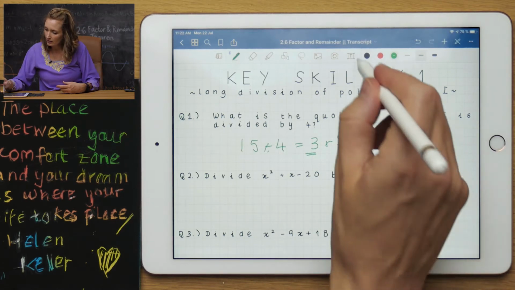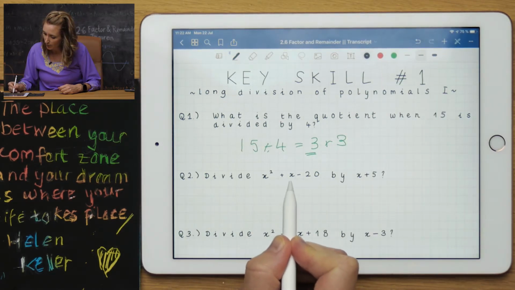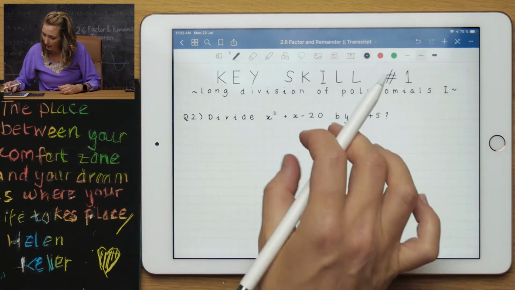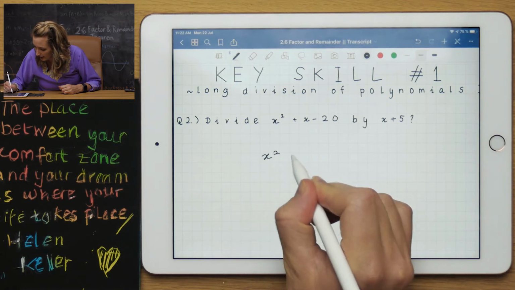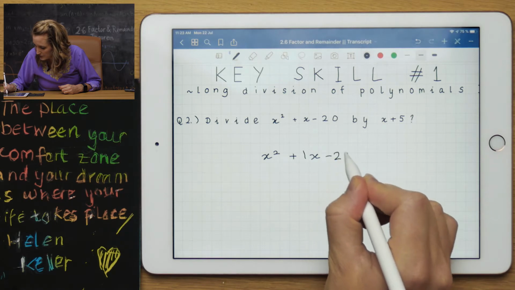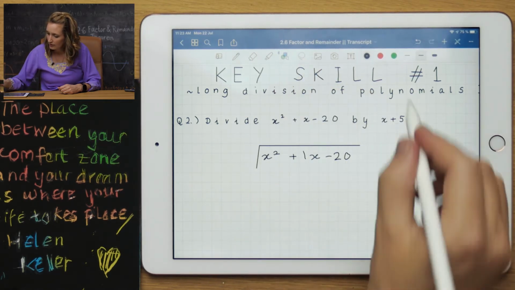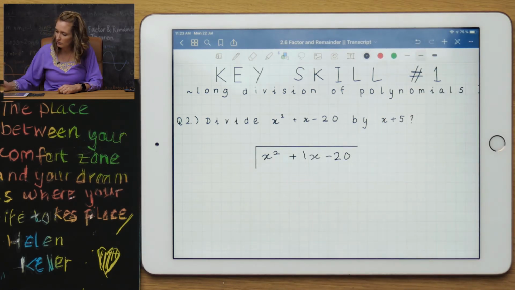Okay, now we're going to start looking at long division. Question 2, divide x squared plus x minus 20 by x plus 5. What you want to do is put your dividend here, x squared, 1x, minus 20. This layout is slightly different to the traditional one.